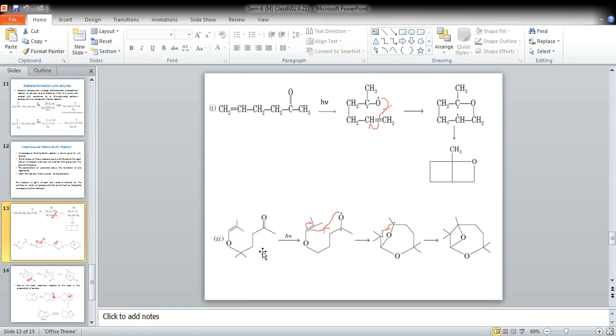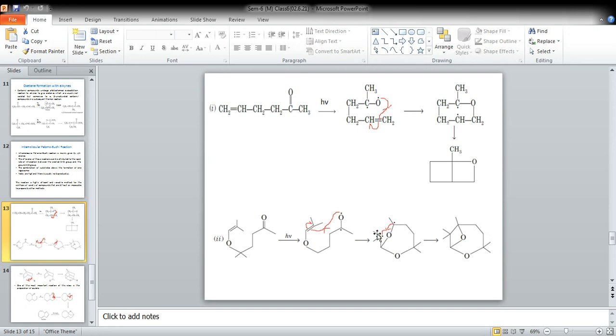Similarly, in this second example also, we have C=O and there is a C=C bond. Therefore, if the reaction is performed under photochemical condition, first of all, the C=O group will be excited. So this is the excited state. So now this oxygen lone pair will be attacking the C=C in the fashion that the tertiary free radical is generated. So there are two free radicals generated, one is a tertiary free radical, another is a secondary free radical.